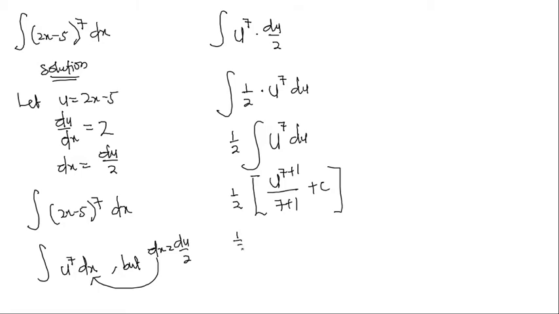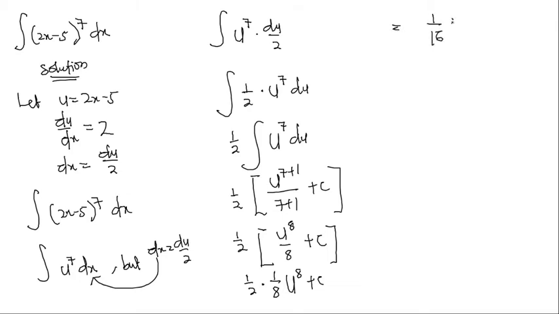So from here we have half, in brackets, u power 8 on 8, plus c. We can see that we have half multiplied by u power 8 on 8, which can be rewritten as 1 over 8 multiplied by u power 8 plus c. If we multiply these two fractions, we get 1 over 16 u power 8 plus c.